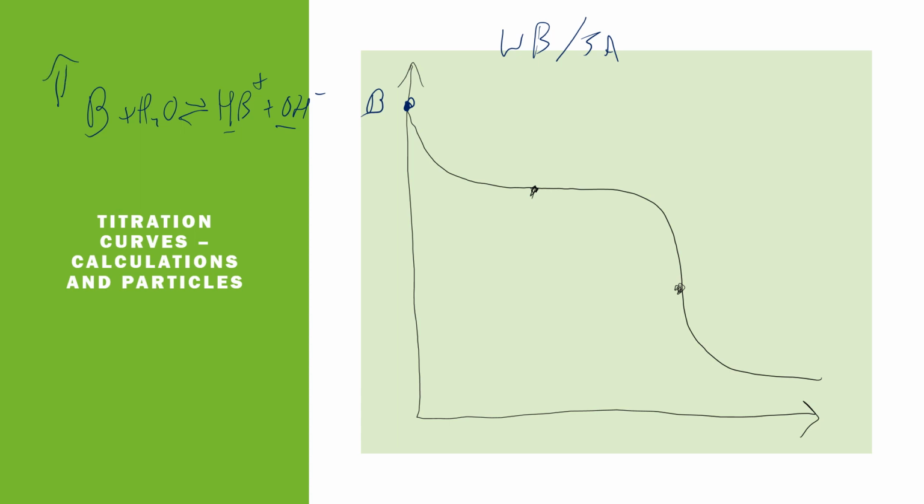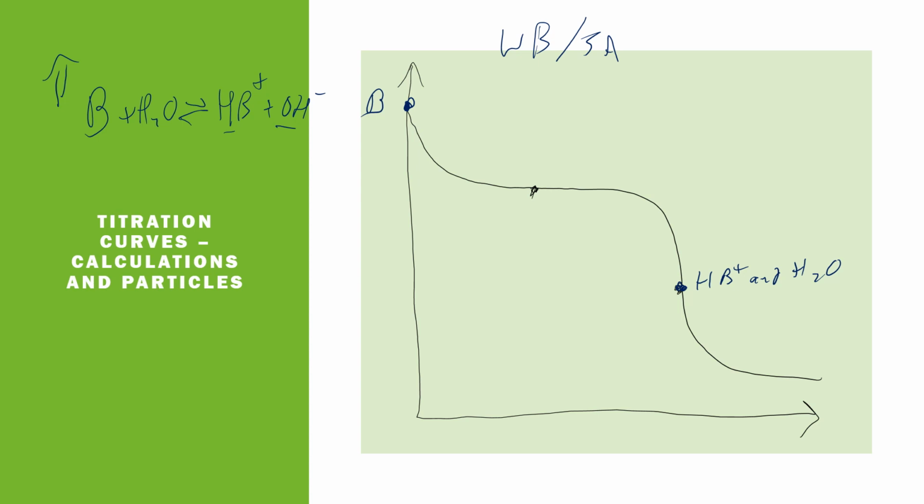Now at equivalence point, all of that base has reacted, so we're left with just the conjugate acid and water present there. So at that point, at equivalence point, we know that the pH will be below 7 because of the conjugate acid. You can use the Ka of that conjugate acid to figure out the pH exactly at equilibrium.